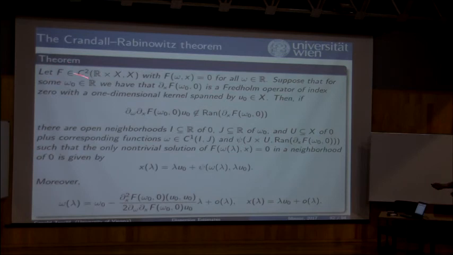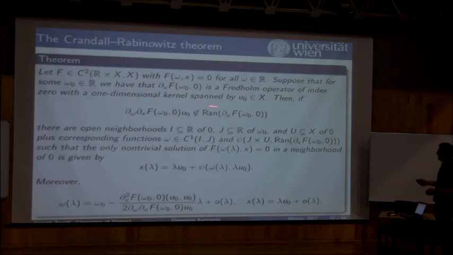We take some function f, which is C2, depending on some parameter in R, and living in some Banach space X, such that we have a trivial solution. We're assuming that we have found some parameter omega naught, such that the derivative at this parameter and the trivial solution is a Fredholm operator of index 0 with a one-dimensional kernel. Okay?